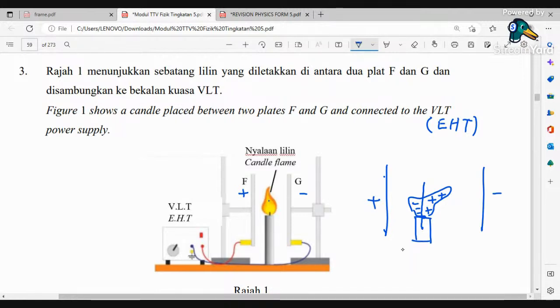This is the property of charge: unlike charges attract. Why large portion? Because positive ions are heavier, lebih berat, mass lebih besar. Macam orang badan gemuk atau besar, dia akan duduk space yang lebih besar. So a large portion of flame is attracted to negative.